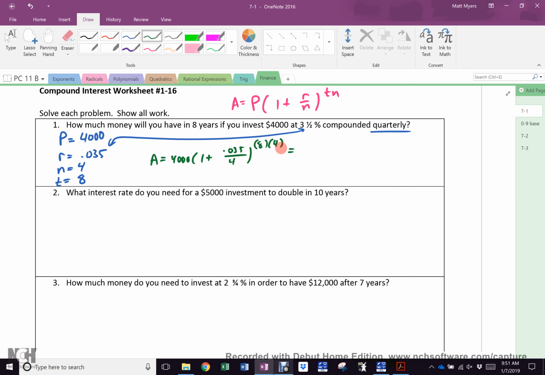So, if you are finding you aren't able to get an answer that makes sense all in one shot, what should you do? Break it down and rewrite. This part is really easy to do, right? So do that. Then do it to the XY, then multiply it by 4,000.